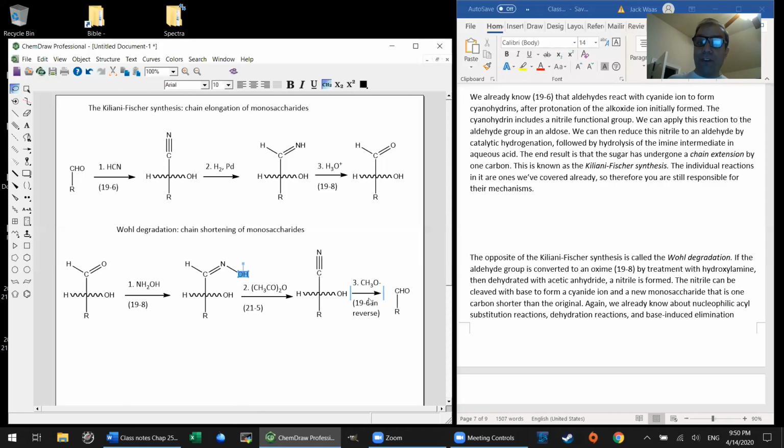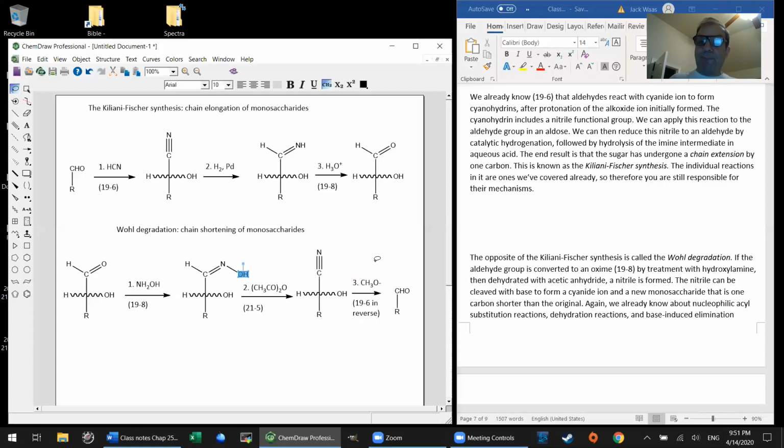And so what we can do is drive the cyanohydrin formation in reverse by using a base such as methoxide ion. And I don't know that that's the only one that would work, but I know you don't want to use hydroxide, right? Because that would hydrolyze the nitrile and you'd get carboxylic acid. So I think you'd want methoxide or ethoxide. You might be given sodium methoxide.